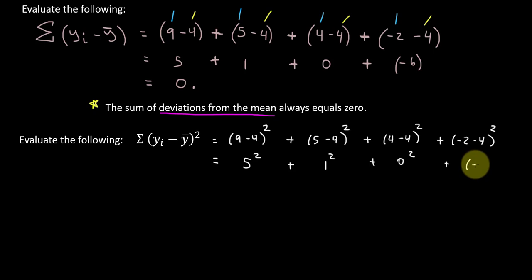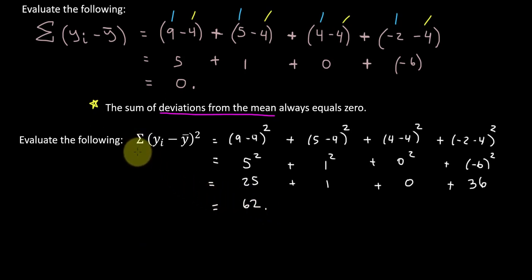Ooh, -6 squared. Okay, so here we'll have 25 plus 1 plus 0 like that, and remember a negative multiplied by a negative gets you positive 36, and this looks like a 62. Awesome. This also has a name.